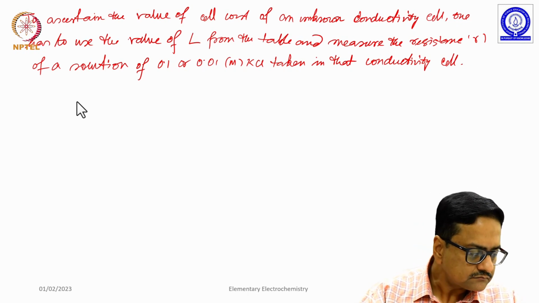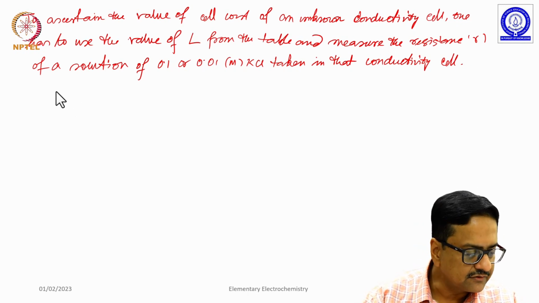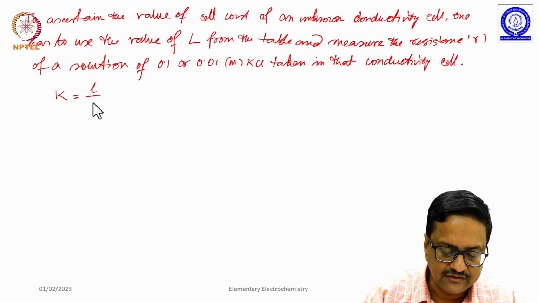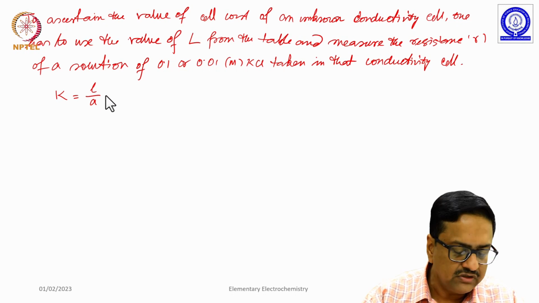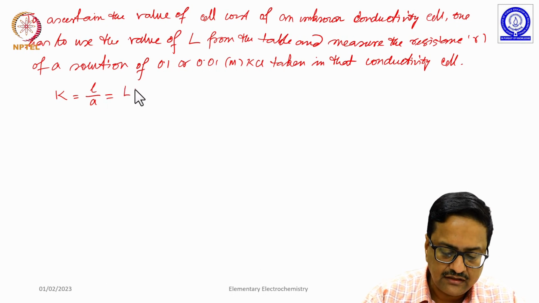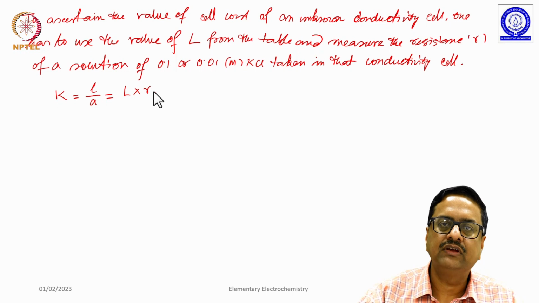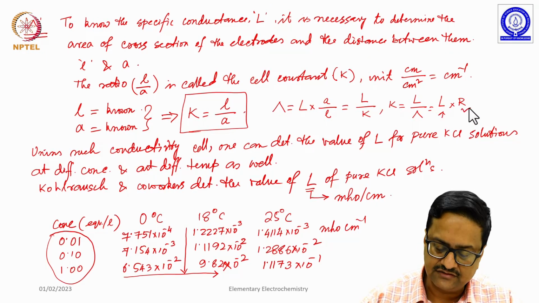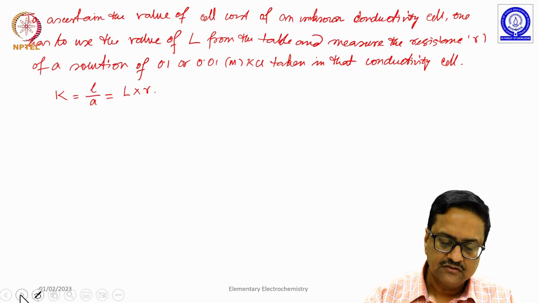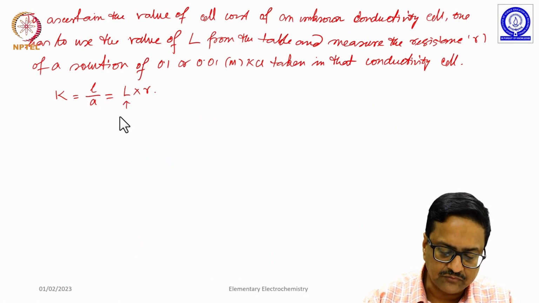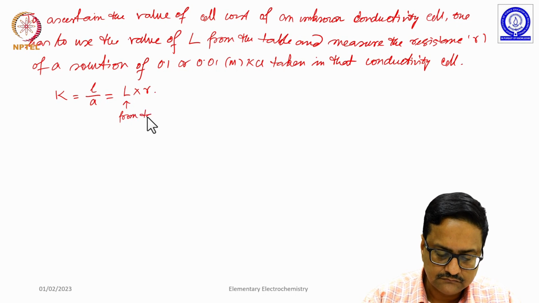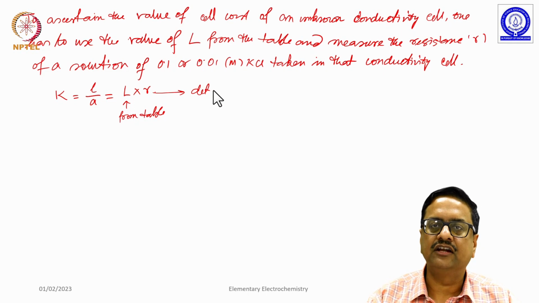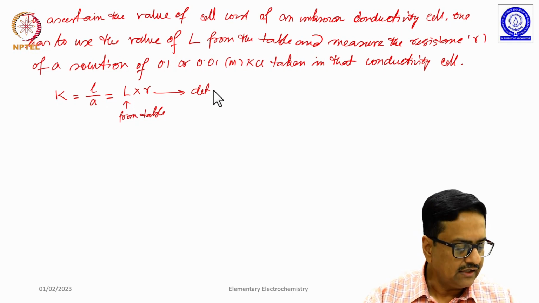So the cell constant K is nothing but l by A, which is equal to L into R, which we have shown in the previous page, that is L into R. So this value of L from table, and R is determined using the Wheatstone bridge principle, right?